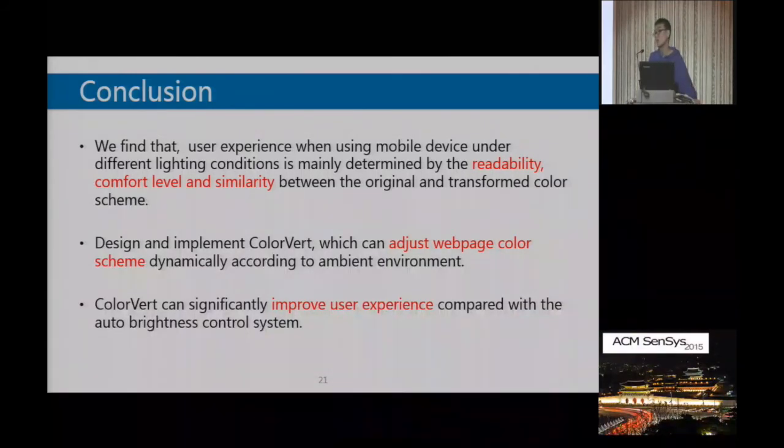And finally, through the evaluation, we found that ColorVert can significantly improve user experience compared with the auto brightness control system. So that's the end of my presentation.